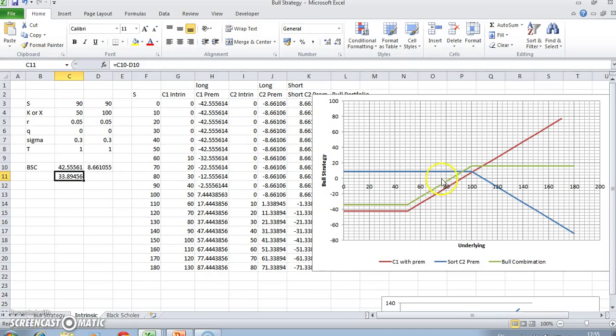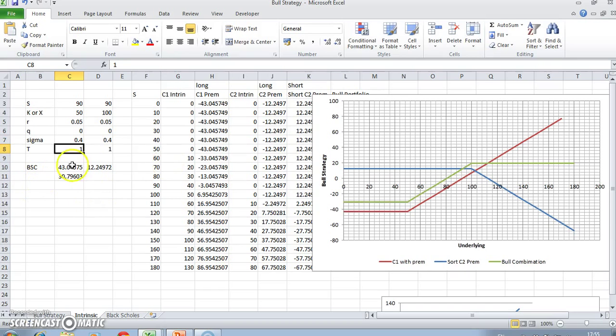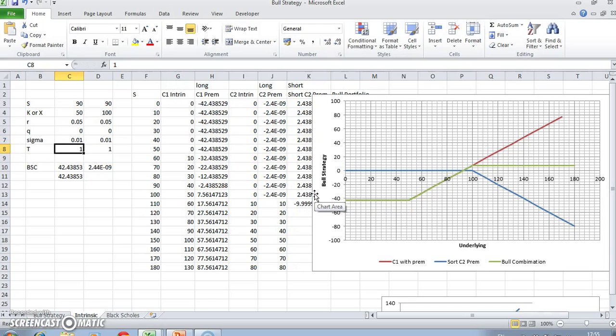If the stock suddenly exceeds X1 and X2, so you start exceeding 90, then the option starts to get closer to making some money. The more volatile the stock, the bigger the premium. The lower the volatility, if we put the volatility at, let's say, 1%, then we get down to really intrinsic values.